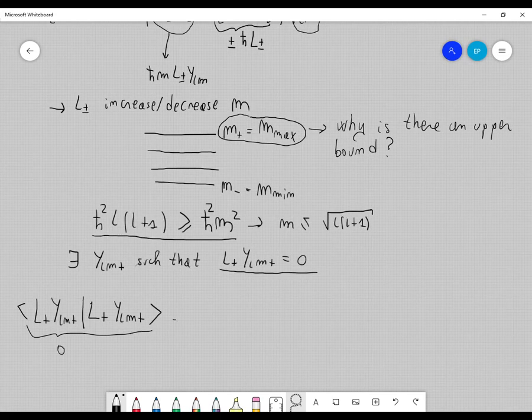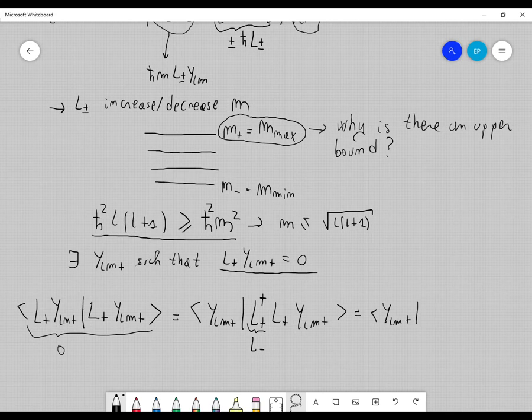But I could also rewrite it like this: Y_{L M+}, and then I will take L plus dagger, which is equal to L minus, and then I have L plus Y_{L M+}, and then this is equal to Y_{L M+} with L minus times L plus.